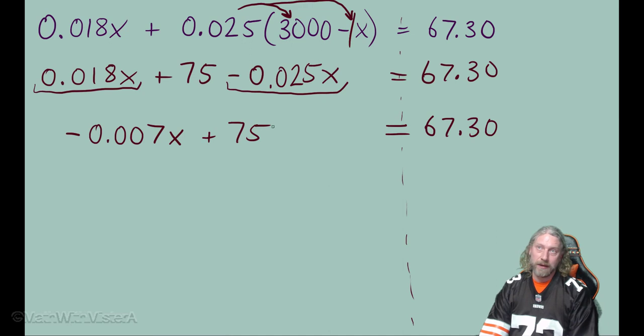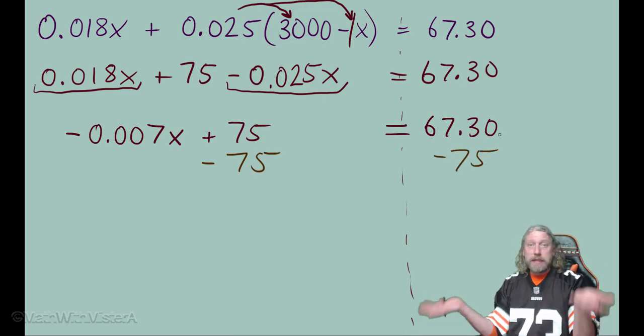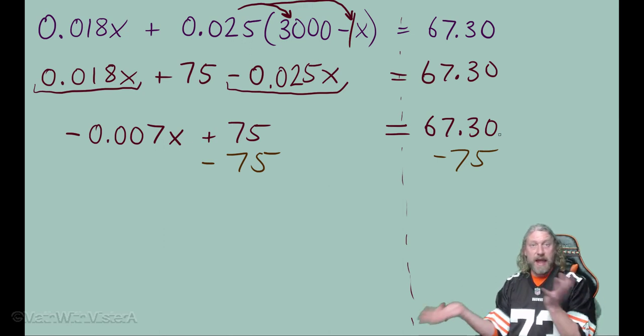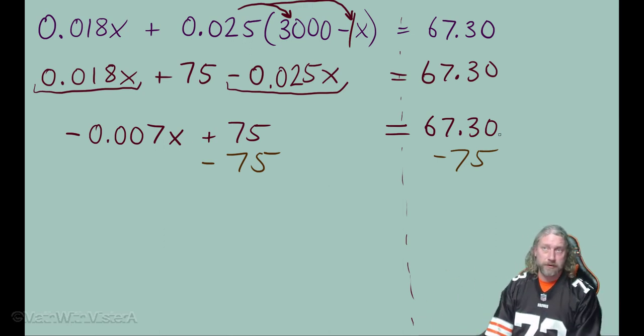So we've got to think about the adds and subtracts that are clogging up this side with the variable, like that plus 75, we'll take away 75. And of course, we have to do that on both sides of this equation to keep it balanced, to keep it valid, so that we're not just changing numbers around.